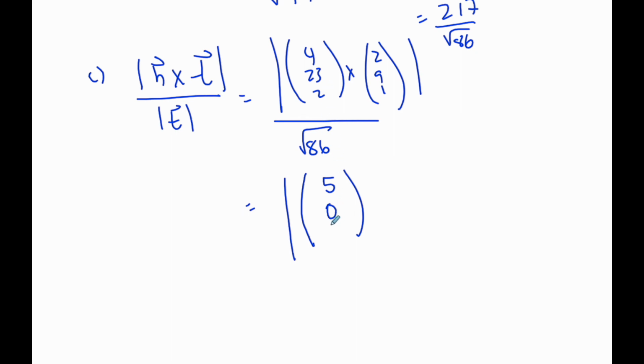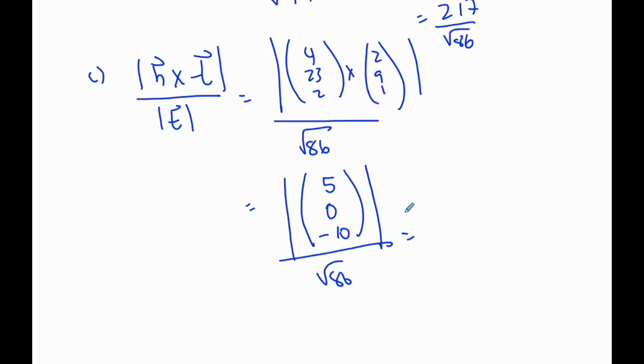And then finally, for the z category, I hide the z's, and I'm going to go 9 times 4 minus 23 times 2, so 36 subtract 46 is negative 10, over the square root of 86.